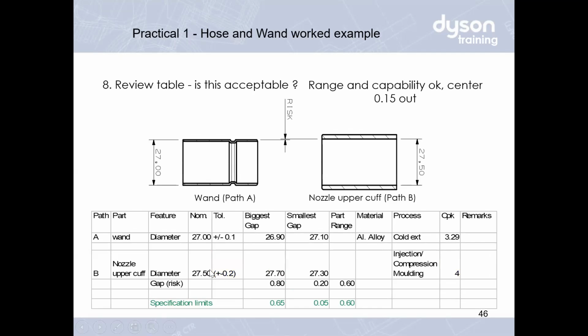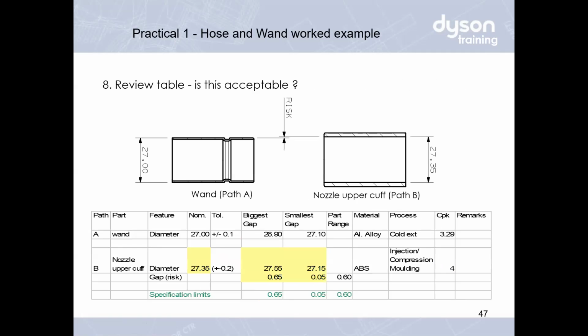I write it here: the difference between here and here is I need to reduce by 0.15. Therefore, I keep my tolerance and move my parameter to reduce by 0.15. 0.50 minus 0.15 equals 0.35.